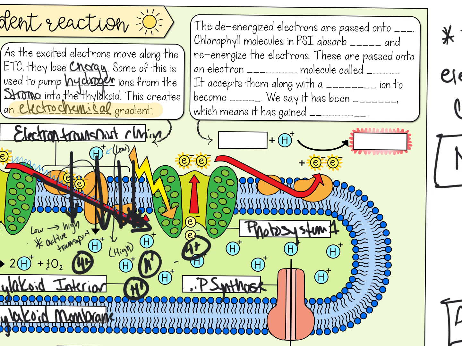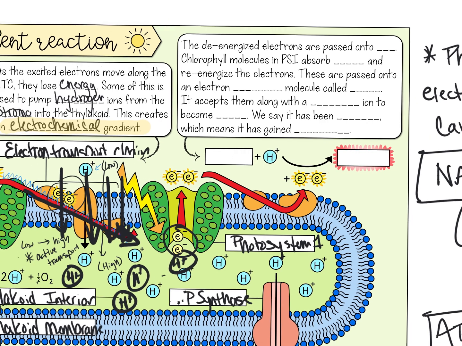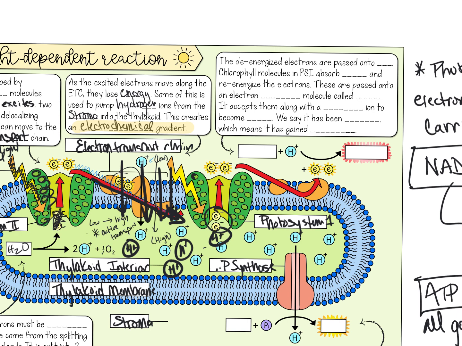Now what? Well, now we get to PS1, all right, photosystem 1. Now those electrons then get sent to the bottom of PS1, okay? Now they still have a little bit of charge to them, but they need the extra little oomph of energy to make it fully charged. And so PS1 has that chlorophyll at that higher wavelength, and so that light comes in, and that's going to excite those electrons again to that higher energy state.